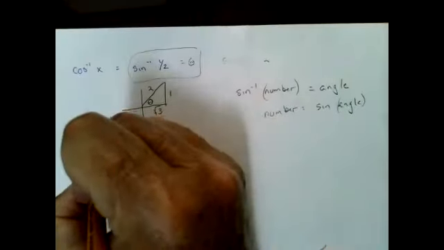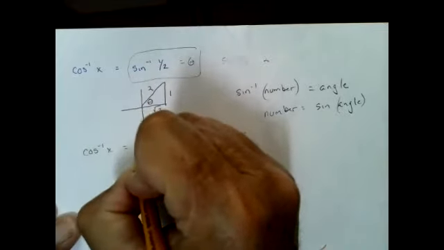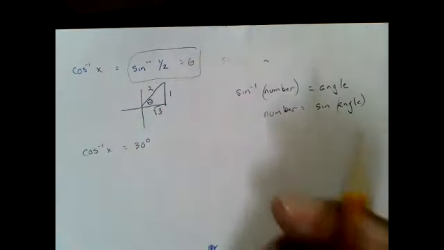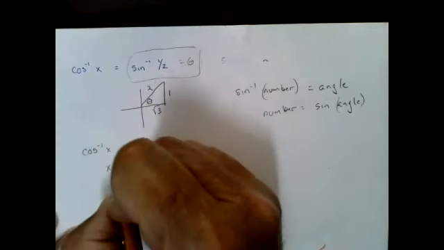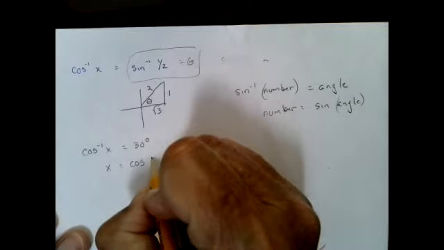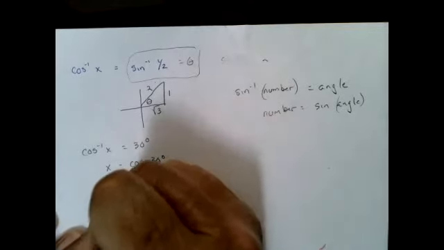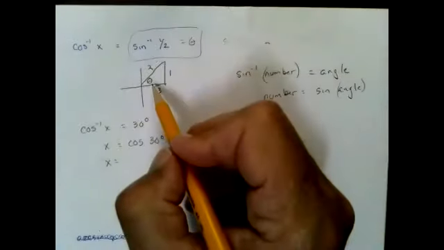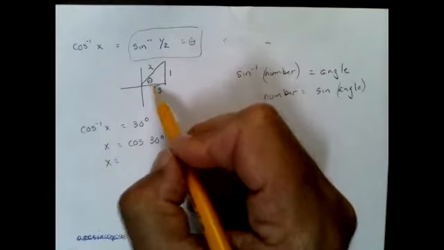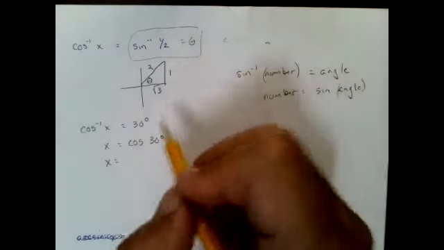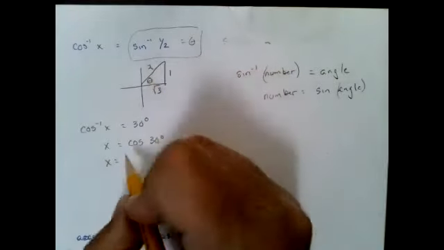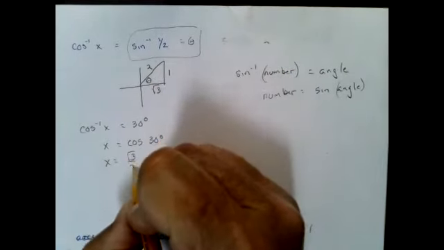So the inverse cosine should equal 30 degrees. If I now send the cosine over, x is the cosine of 30 degrees. I really didn't even need to go there because I already had this triangle drawn. Now I want the cosine of this, which is the square root of 3 over 2.